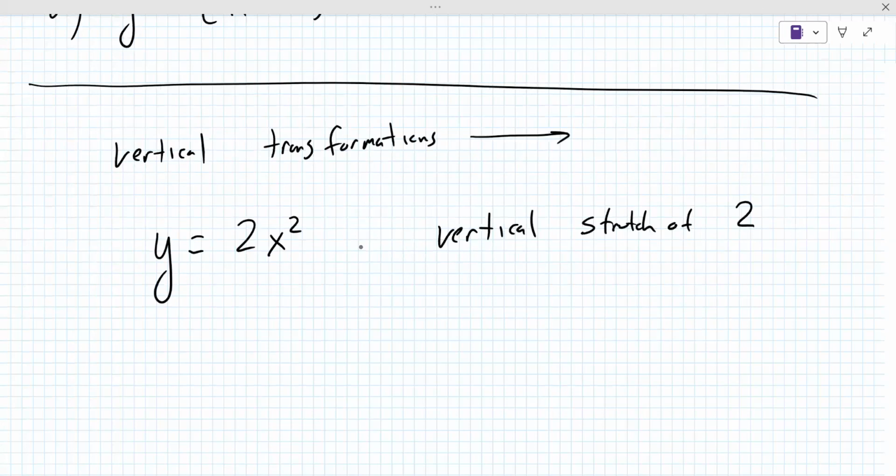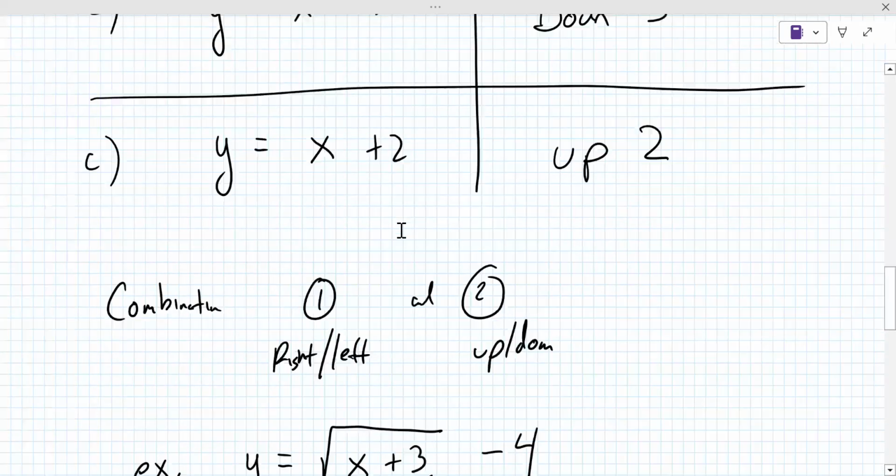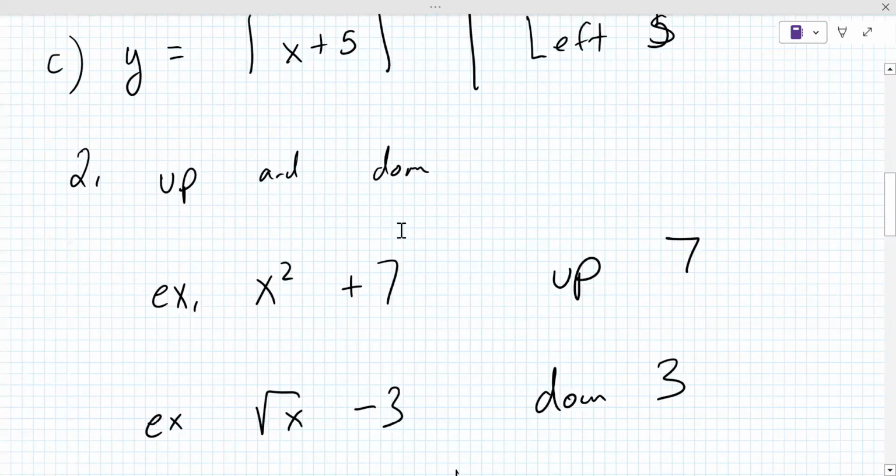And I didn't mention this before. This affects the y value. I also messed up and did not mention that the up or down transformation also affects the y value. Let me go ahead and note that here.